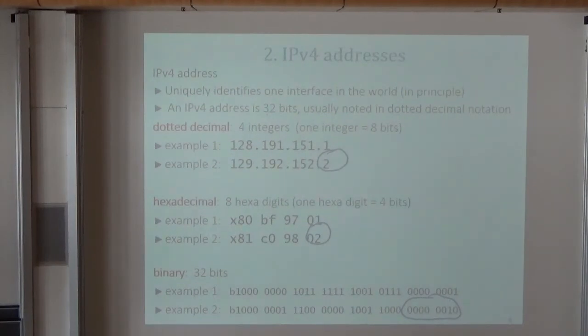And if you want to write it in binary, which we normally don't do, but mentally it's a good idea to be able to do it, this is what we would have. One hexadecimal digit is 4 bits, and we write them in base 2.